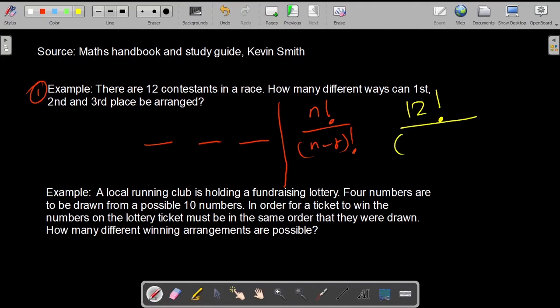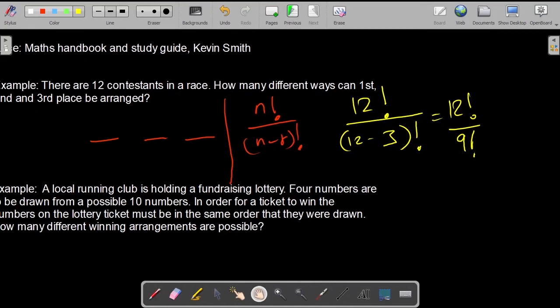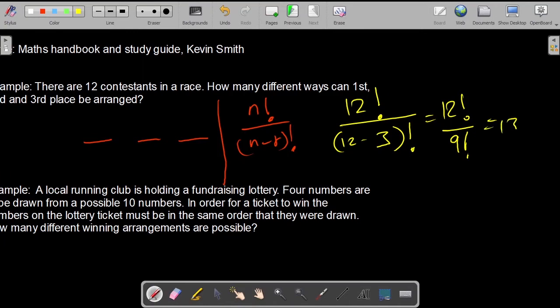And we only have 3 spaces. So that is how you'd compute this. The result will be 12 factorial divided by 9 factorial after computing everything in the bracket. And the answer that you expect to get from that is 1320.